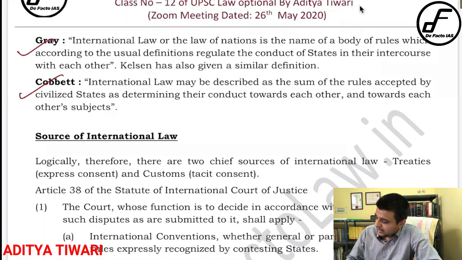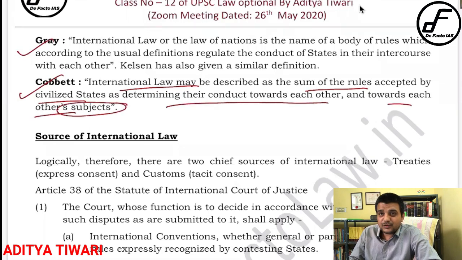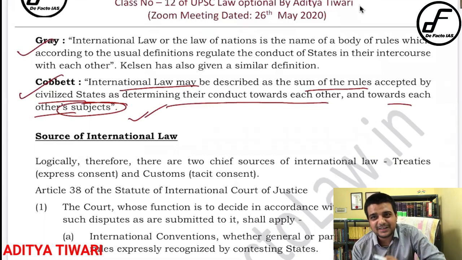Like this, see: international law may be described as the sum of rules accepted by civilized states determining their conduct towards each other and towards each other's subjects. So when you have to talk about the individual or the realist nature of international law, this definition can be cited. Individual as a subject of international law, if there is a question, this definition can be cited.